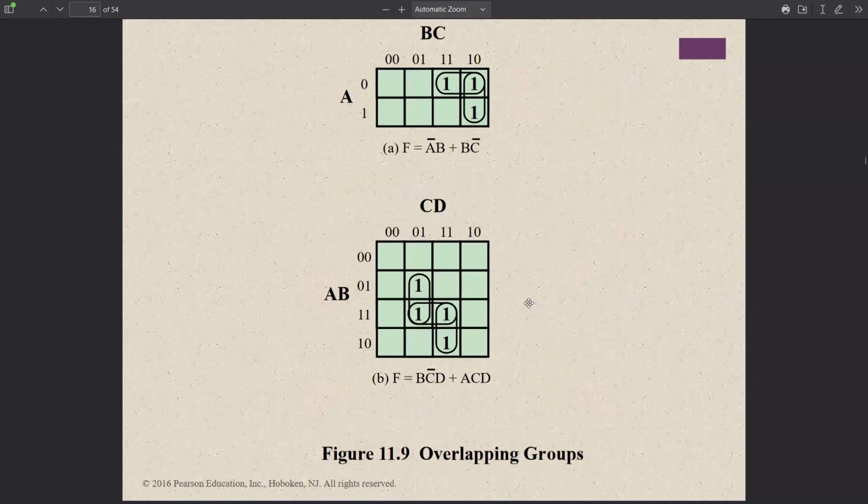Right. I will explain this one as well. As I mentioned, these are the overlapping groups. Consider we have ones in these three cells, and we need to group them.